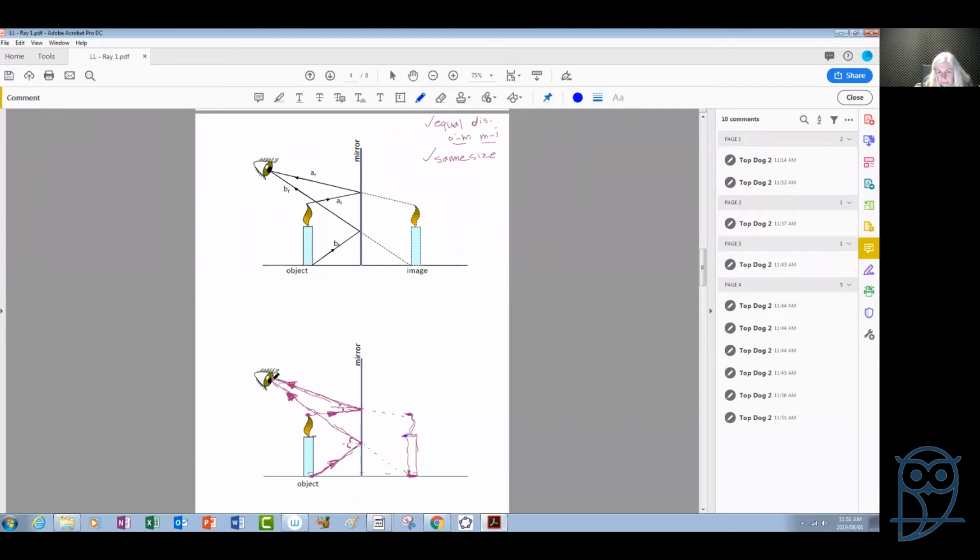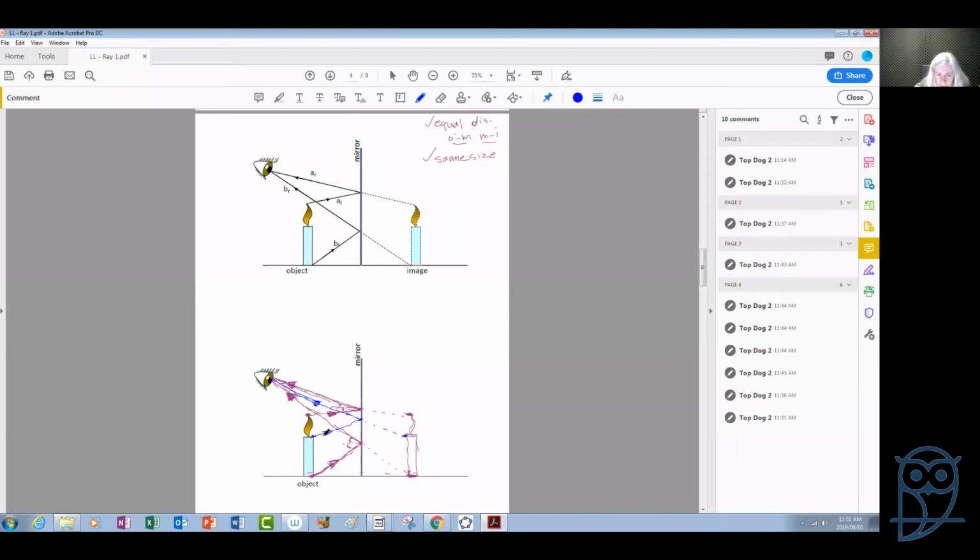Our eye would think that it receives a ray from this position, isn't it? From this point of the object. This ray would be the real ray, the real light getting into our eye. And this real ray is a ray that has been reflected from the corresponding point on the real object, like that.